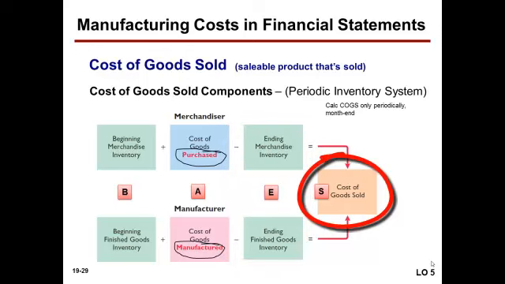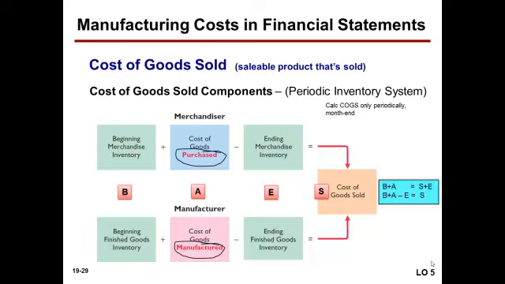That is, both the merchandiser and the manufacturer, to calculate cost of goods sold, are using the base formula, B plus A minus costs assigned to ending inventory, which forces out the cost of goods sold that must be removed from the respective inventories.